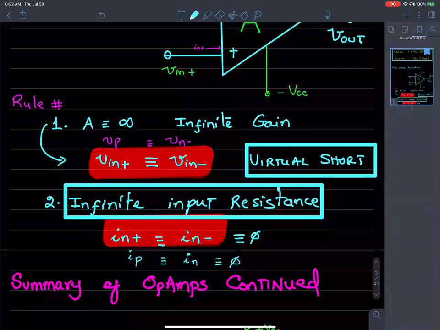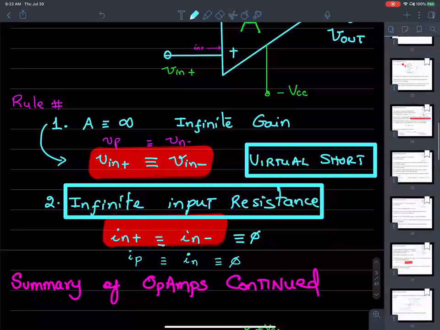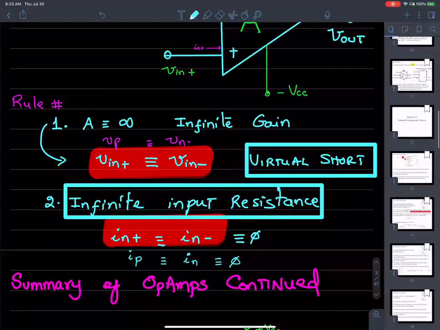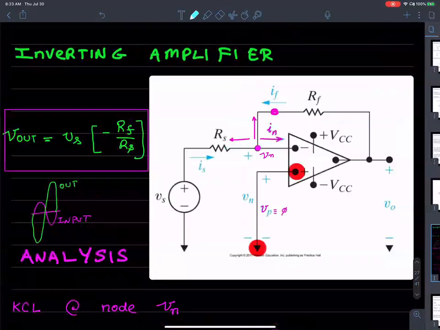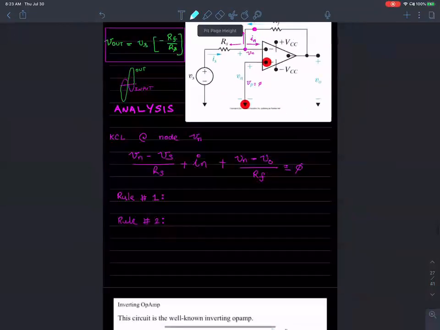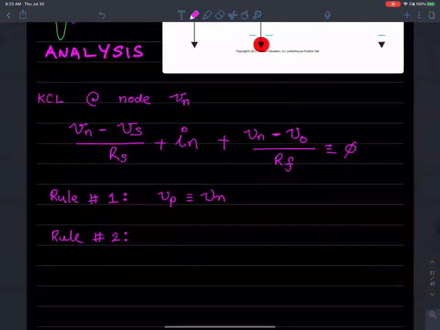So let's go back and see if we can apply those two rules over here. Rule number 1 says that V positive is exactly the same as V negative, because of virtual short.